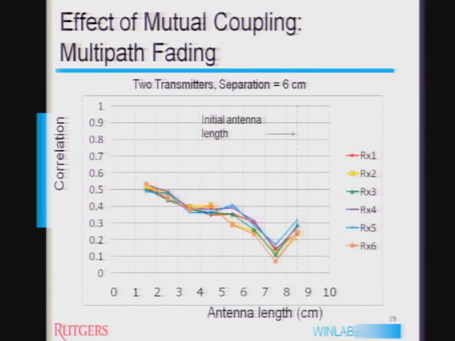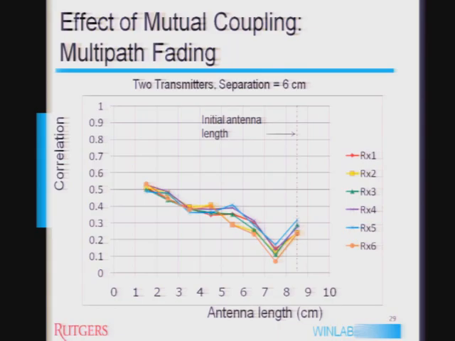In this experiment, this is the place where all the other measurements had been taken. I kept snipping these antennas by a centimeter in steps, and eventually the length of the antenna was 1.5 centimeters.